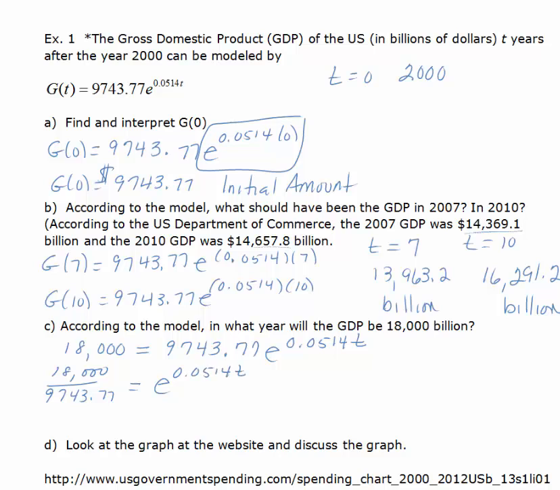We need to take the natural log of each side, leaving us with the natural log of 18,000 divided by 9,743.77 equals 0.0514 t. We need to divide each side by 0.0514.